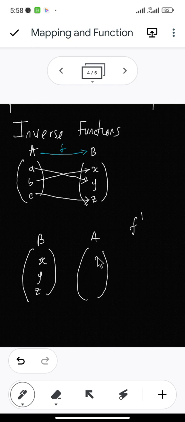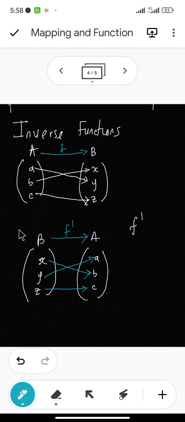We're going to have A, B, C. So the inverse will map B into A. Inverse function f prime maps X to B, Y to A, and Z to C. So this is just what the inverse function is talking about.